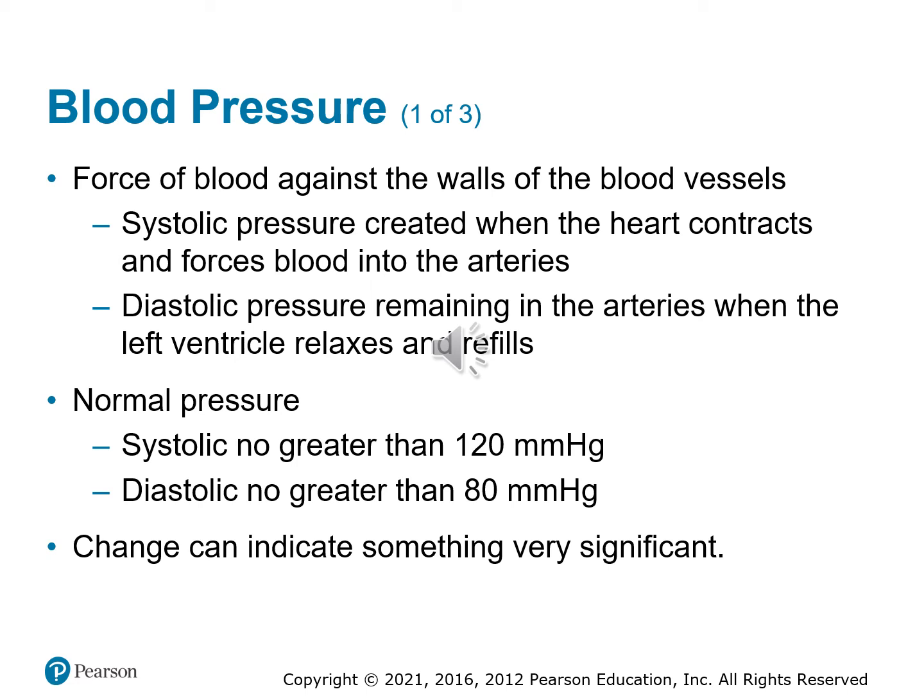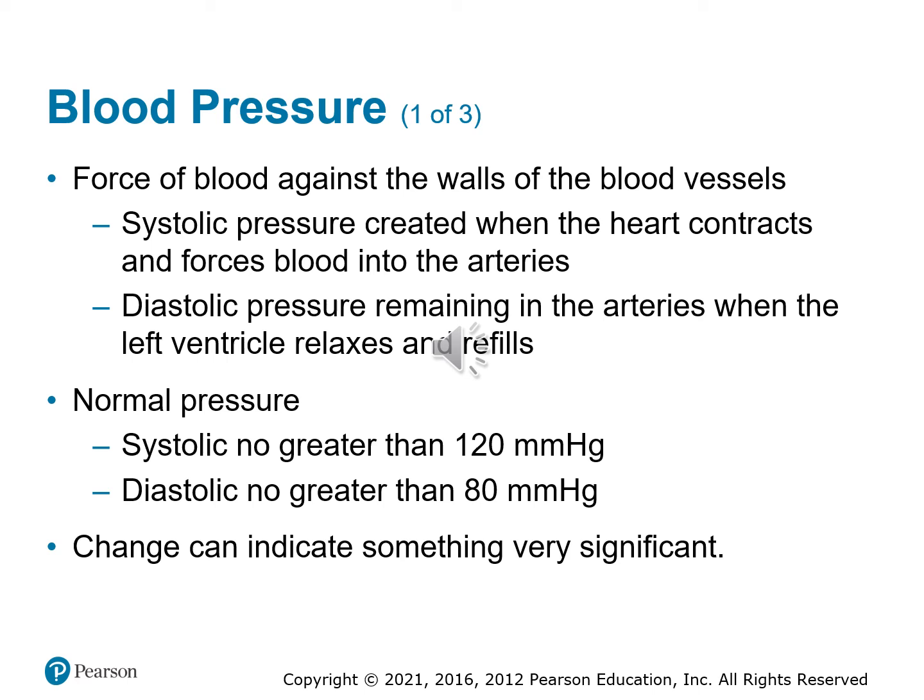When the heart squeezes down and forces blood into the arteries, that gives you the high number. The low number is the diastolic pressure, which is what remains in the arteries when the left ventricle, which squeezes the blood through the body, relaxes and refills. So you're looking for two numbers when you're auscultating for a blood pressure.